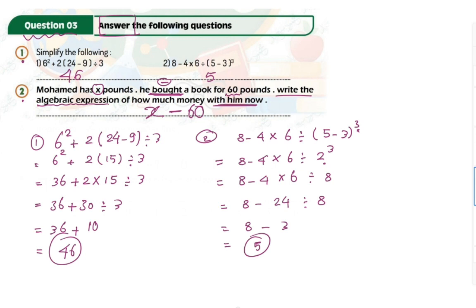Now he has what? He has X minus 60. That's the money he has now. Okay, now we finished the first two questions. Now let's complete point number 3 and point number 4.